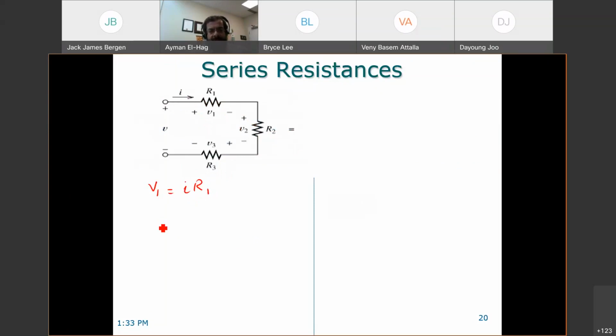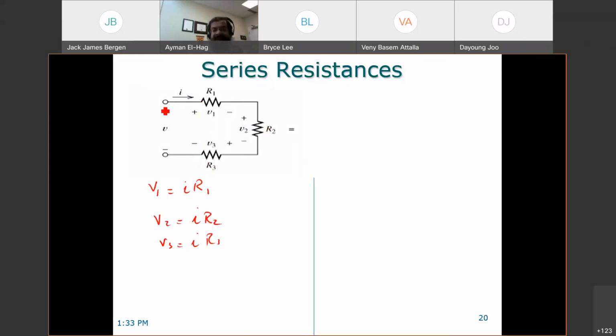So V2 here is nothing but I R2. And finally, V3 is equal to I R3. And here I come back to the fact that these are in series as an indication: they have the same current I. All of them have the same current I.